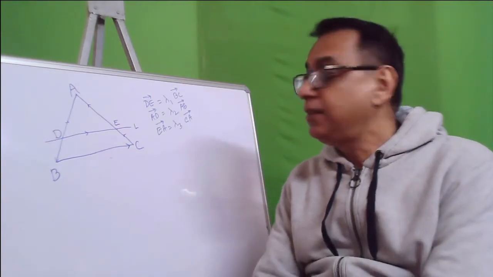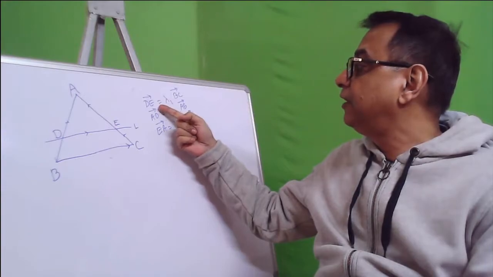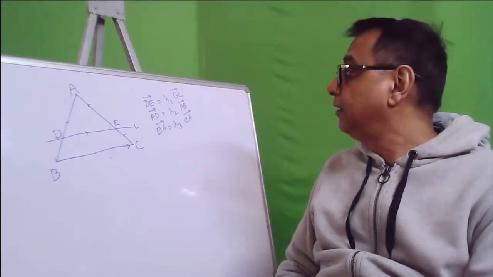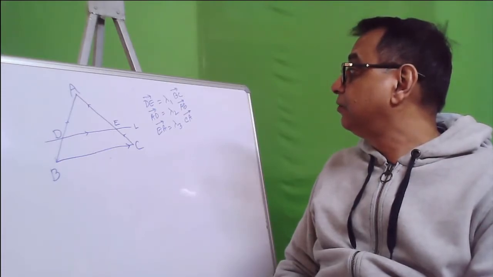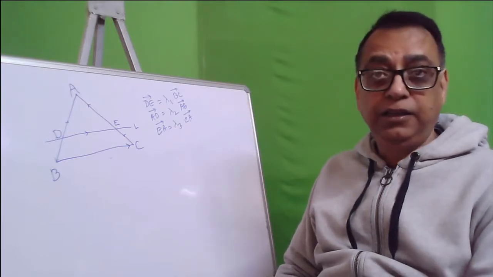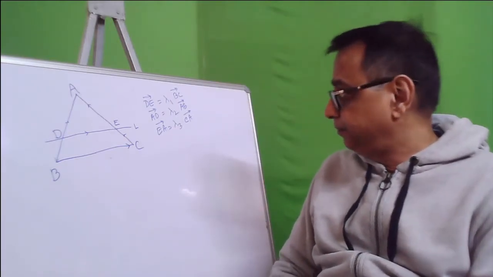So I am just writing again. Vector DE is lambda 1 into vector BC, vector AD is equal to lambda 2 into vector AB, and vector EA is equal to lambda 3 into vector CA.